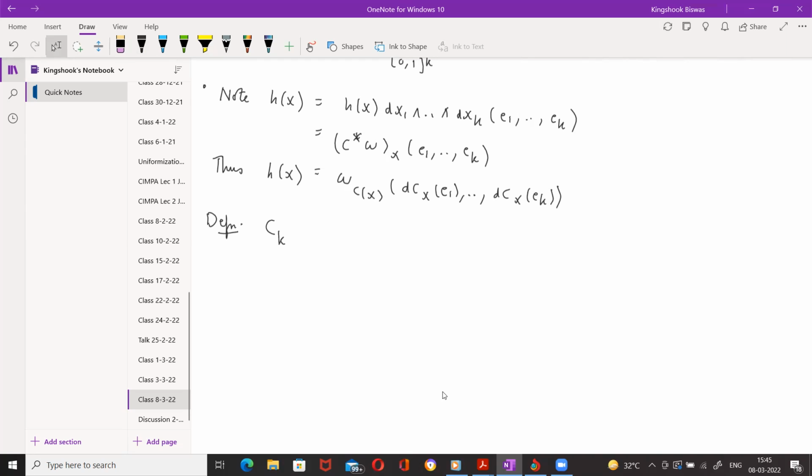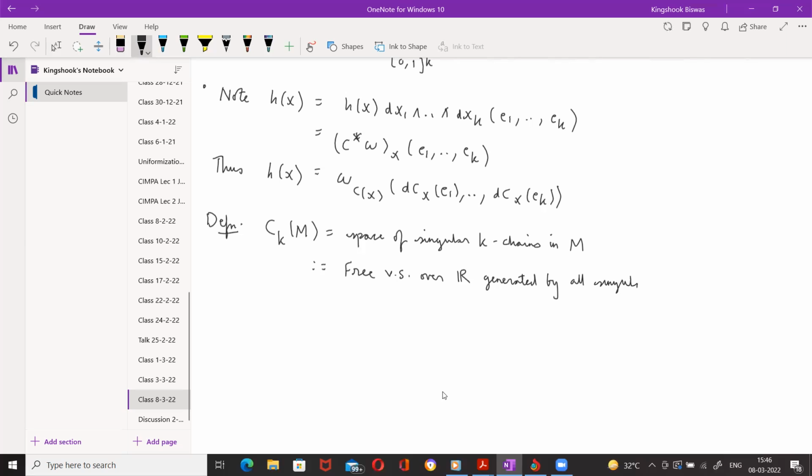So CkM, the space of singular k chains in M, is defined to be the free vector space over R generated by all singular k cubes in M. Just like you do in homology, you take singular simplices and formal linear combinations of them.